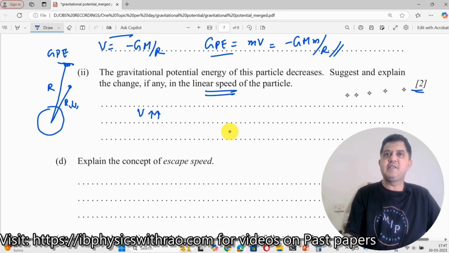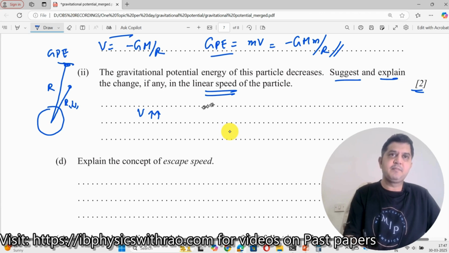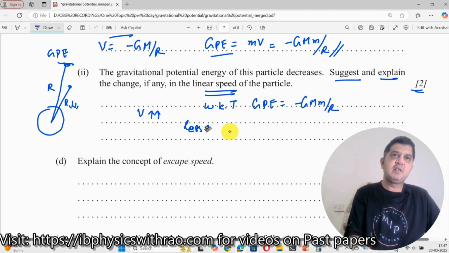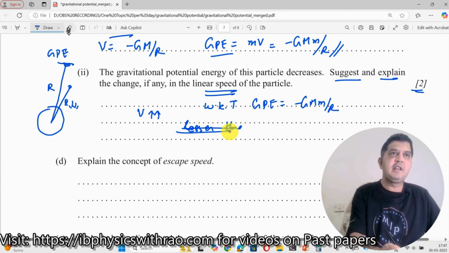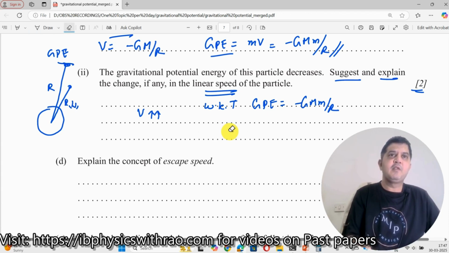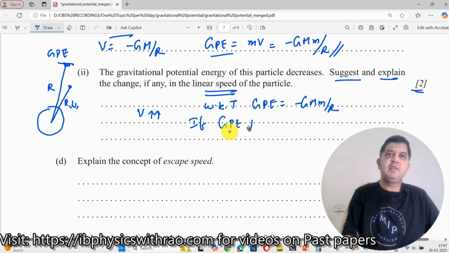But this is for 2 marks, and the command term is suggest and explain. So what you should do? First, you should write, we know that GPE is equal to minus GMm by R. If GPE reduces, this implies R is decreasing.